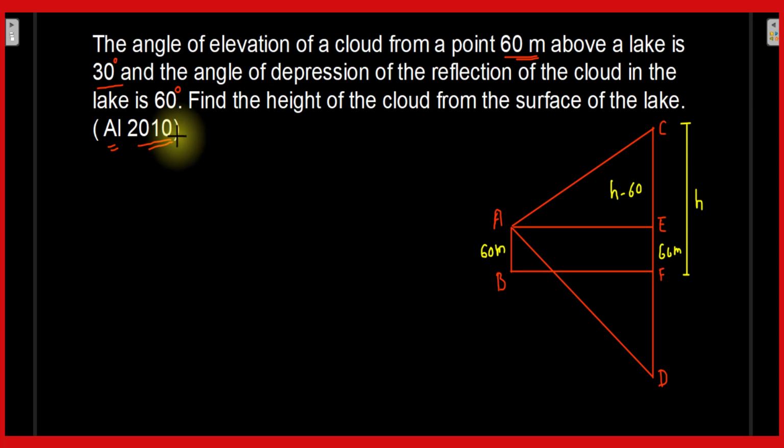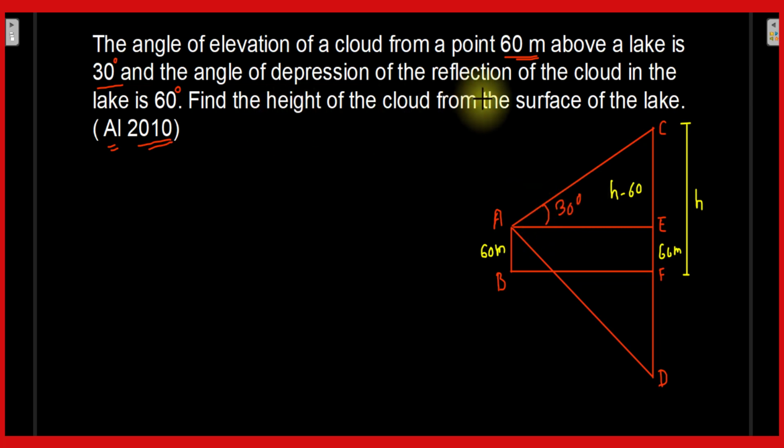Let C be the cloud. From a point A, 60 meter above the lake, the angle of elevation of the cloud is given as 30 degrees. So this angle is 30 degrees.